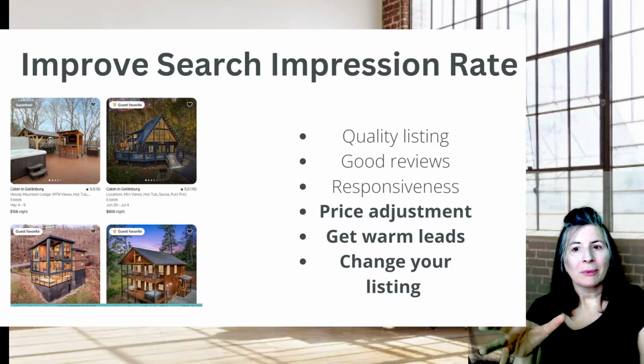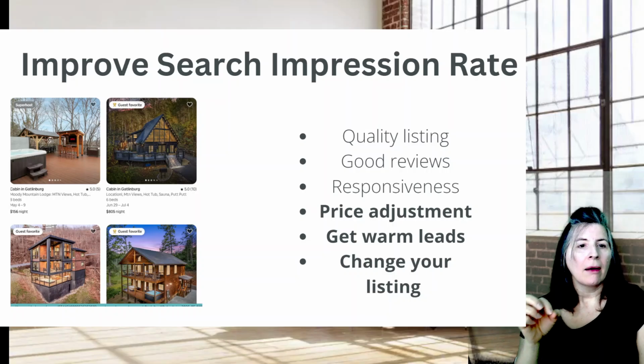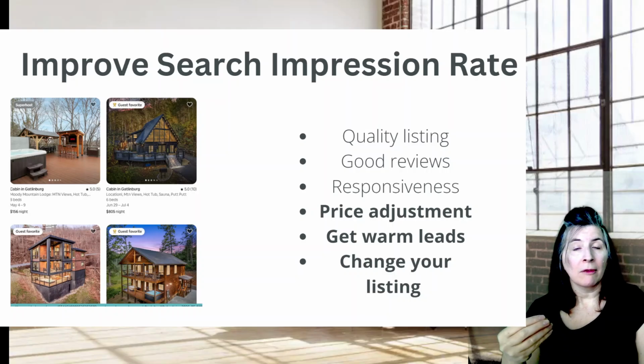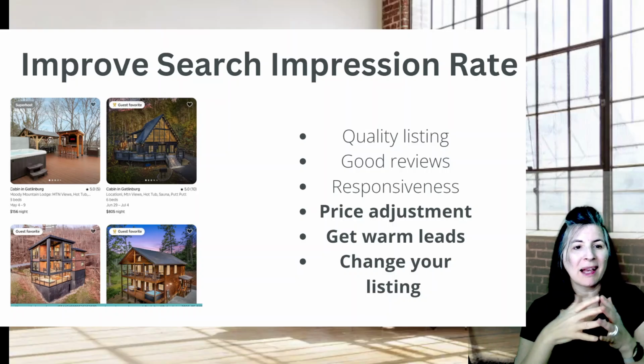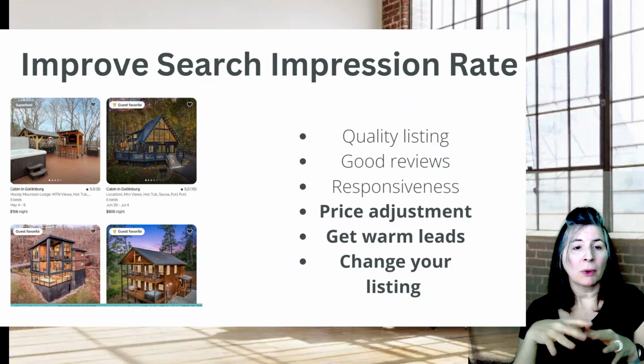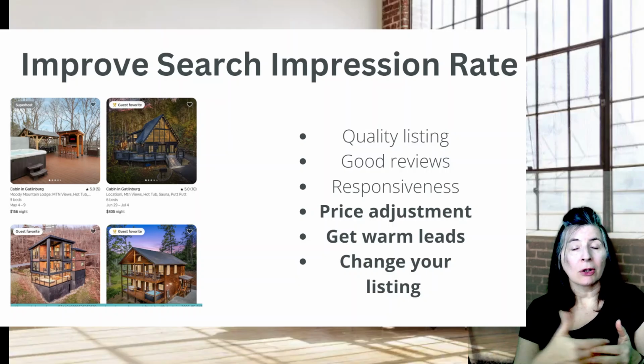So take your Airbnb listing link and go to a Facebook group where people are looking for properties actively. I don't recommend doing this like as a fake thing, like going into a Facebook group of short-term rental hosts and saying like mine and I'll like yours. I'm not a big fan of that. I think in the short term, if you do it once or twice a quarter, it probably isn't going to hurt you.